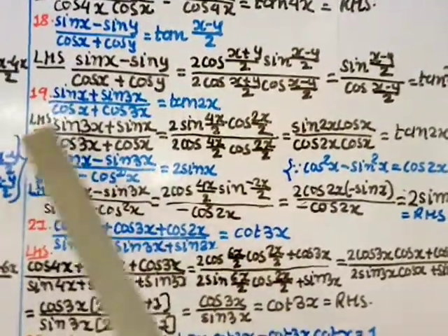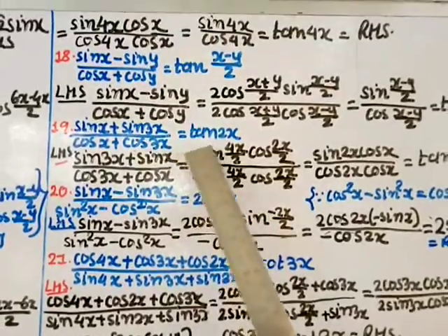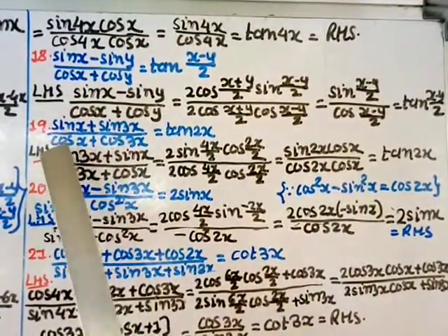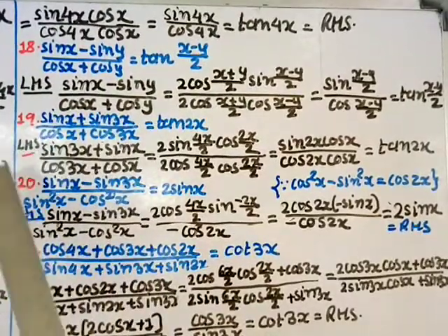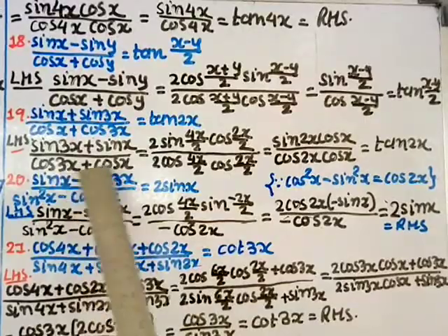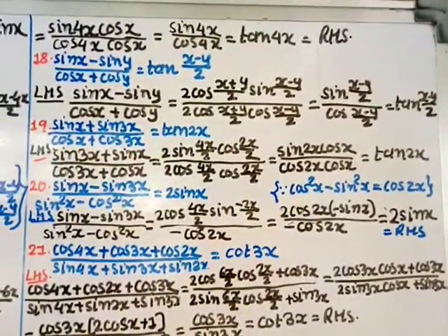Number 19, (sin x plus sin 3x) divided by (cos x plus cos 3x) equal to tan 2x. So I am rearranging this left hand side. The bigger angle I am taking first, so sin 3x plus sin x, and here also cos 3x plus cos x. The identity I use is the same identity which I have used before.